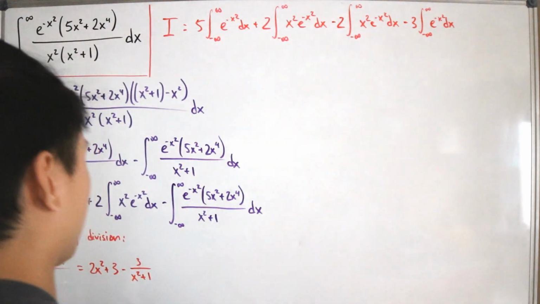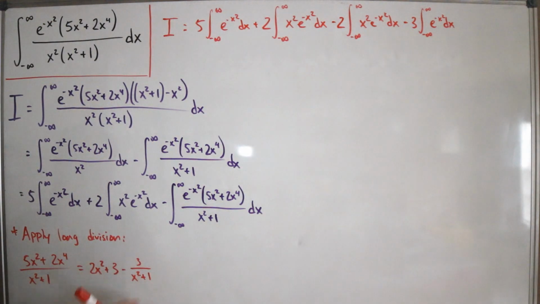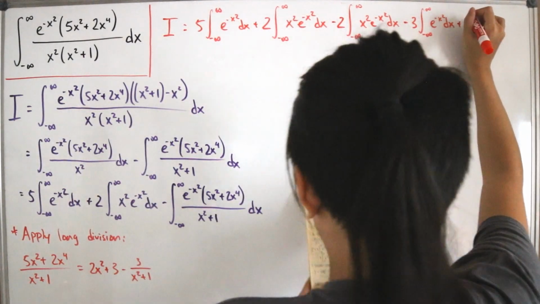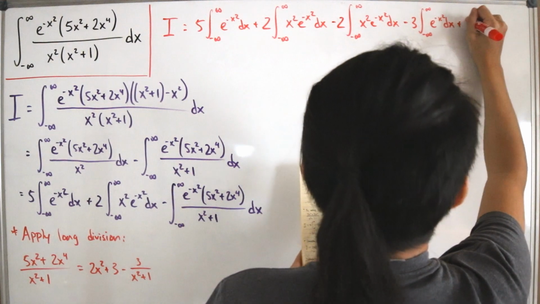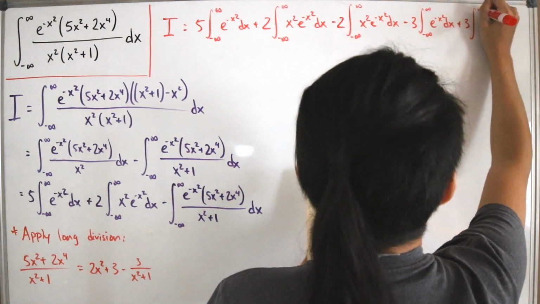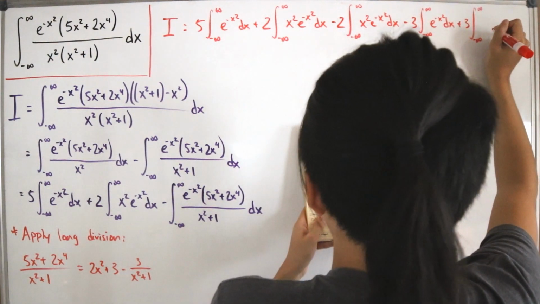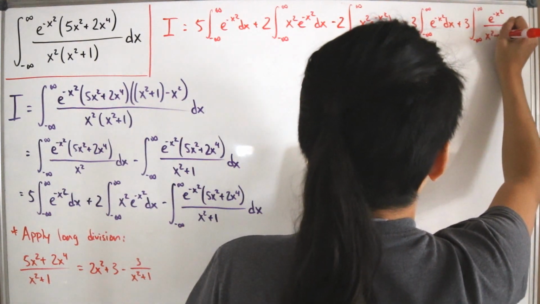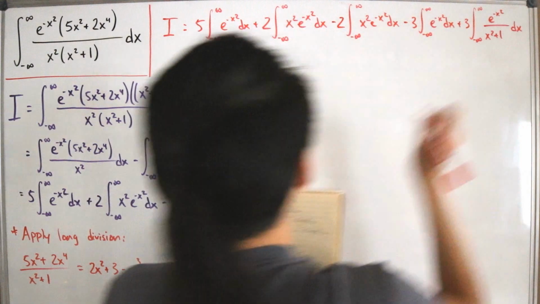And then the last one we have is the minus 3 over x squared plus 1, but distribute the negative over here, so now it becomes a plus. So plus 3 times the integral from negative infinity to infinity of e to the negative x squared divided by x squared plus 1 dx.